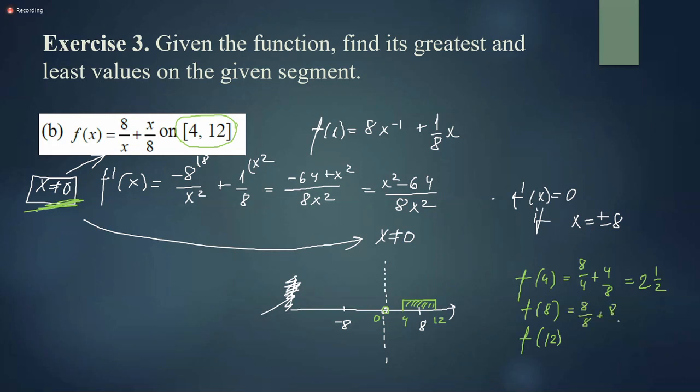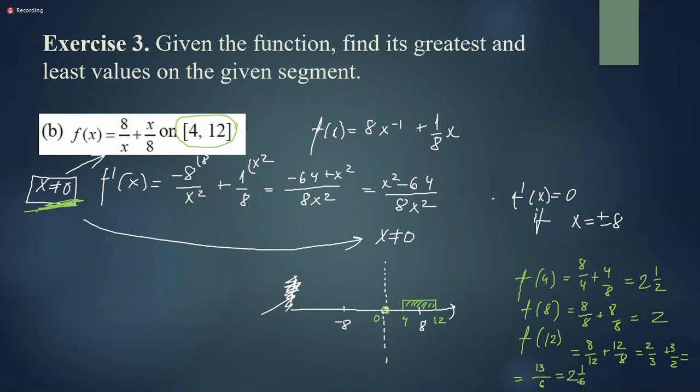This is 2. And if x is 12, 8 over 12 plus 12 over 8, that is 2/3 plus 3/2. This is something over 6. 4 plus 9 is 13. So we have 2 and 1/6.